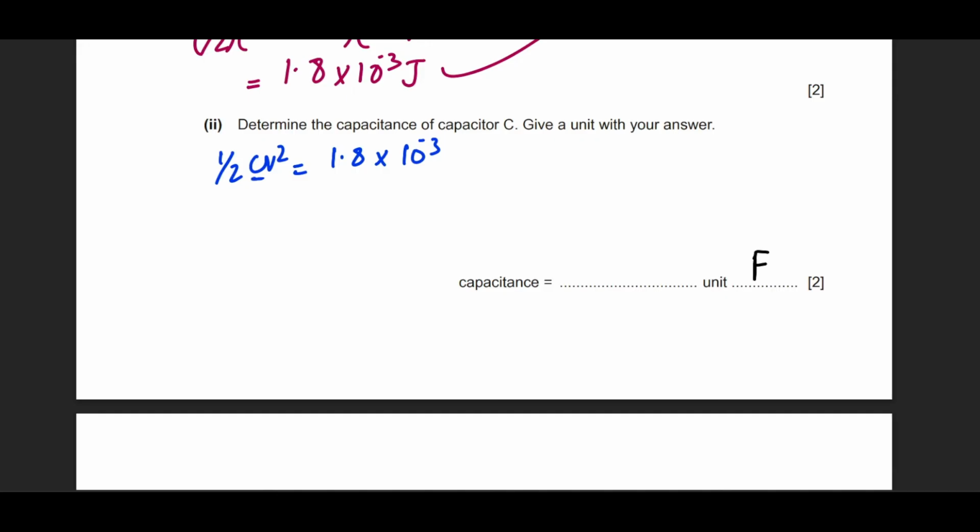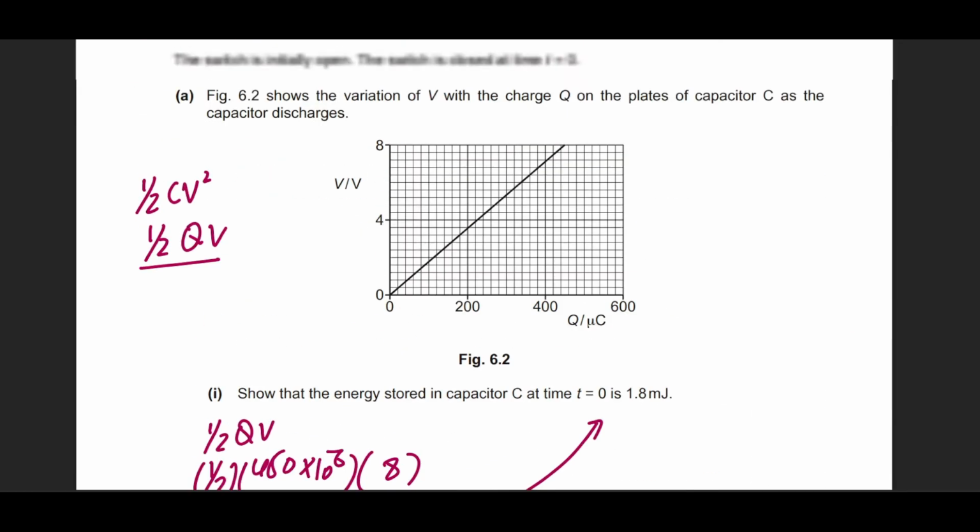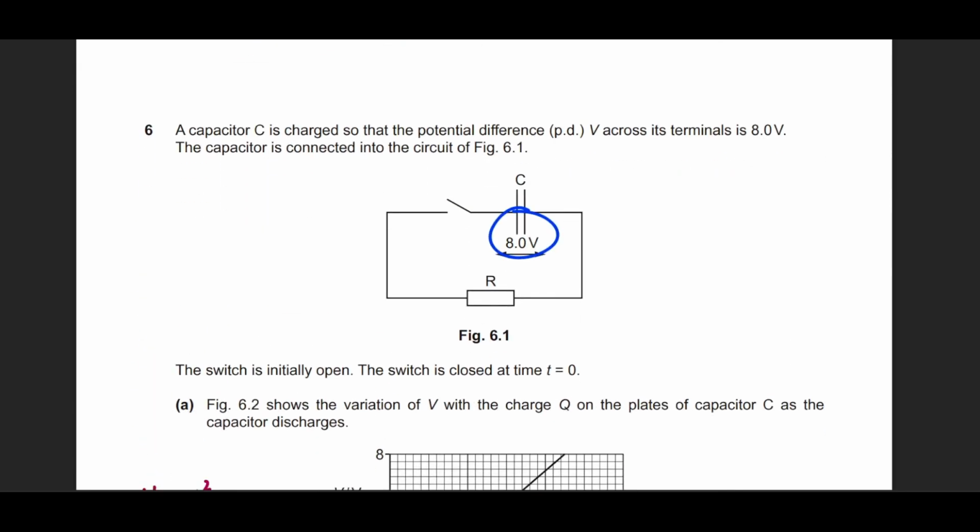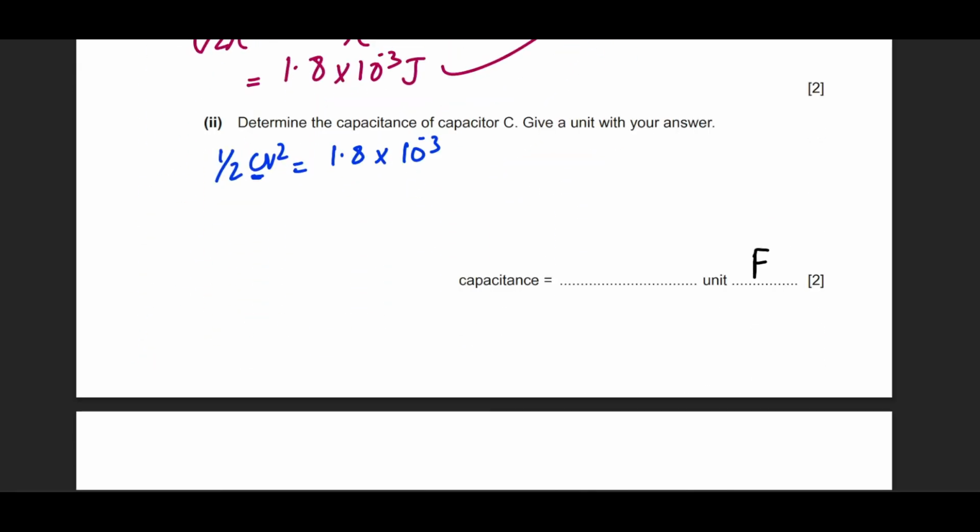And we want to find the capacitance, so let's take everything over there. The voltage is taken from the figure, which is 8 volts. We already know this. So C is equal to 2 multiplied by 1.8 into 10 to the minus 3 divided by 8 squared. When you calculate this, it comes out as 5.6 into 10 raised to the power minus 5 farads.